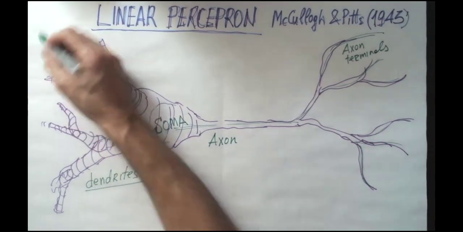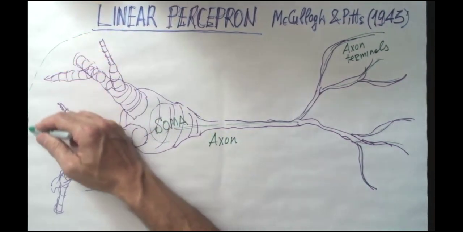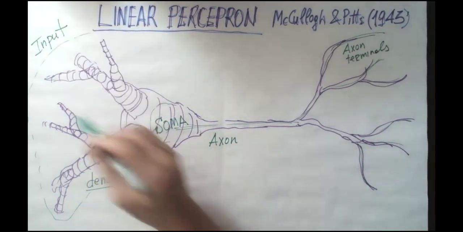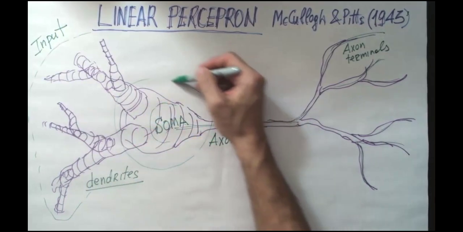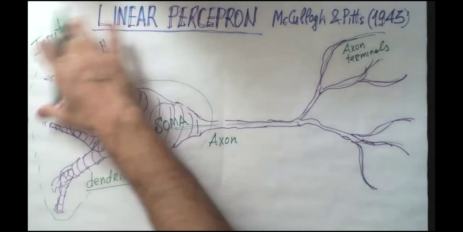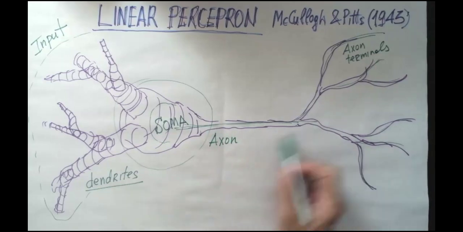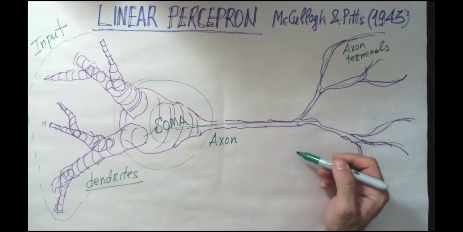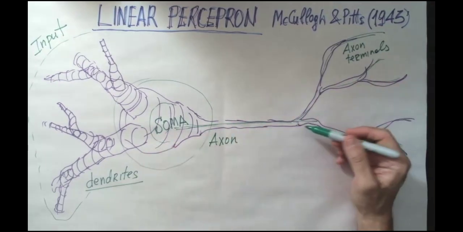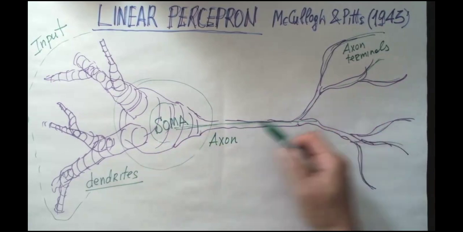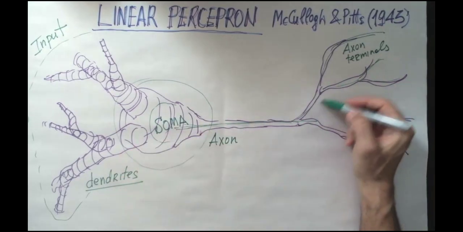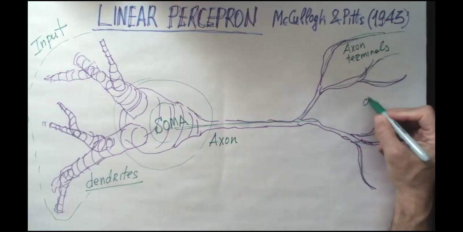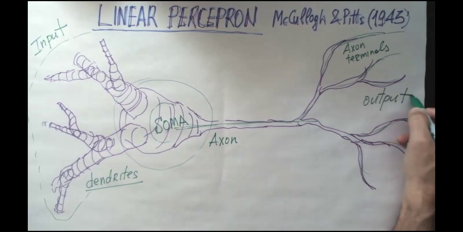So here you can see this part is basically an input. Then we have a central system that elaborates this input. And then through the axon there is an activation process which decides whether to transmit, through synapses, all the information through the axon terminals, leading to an output.